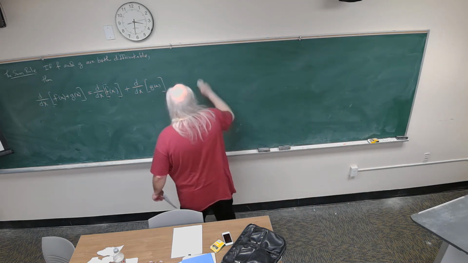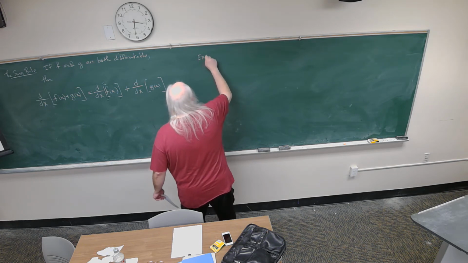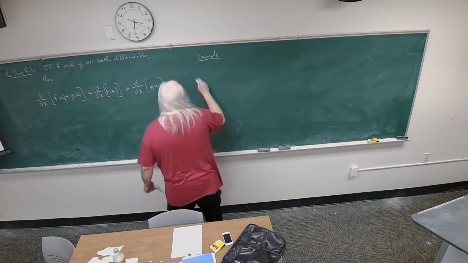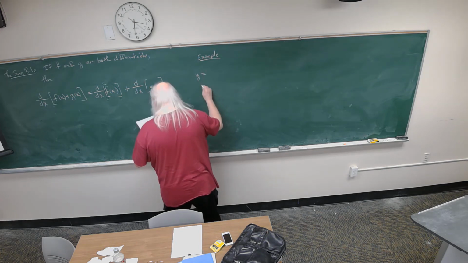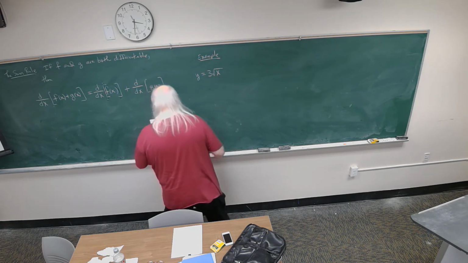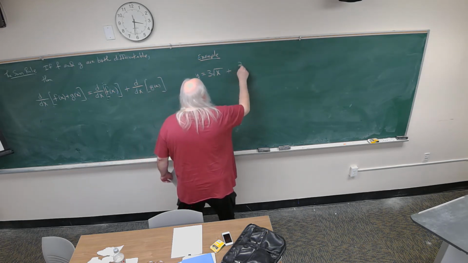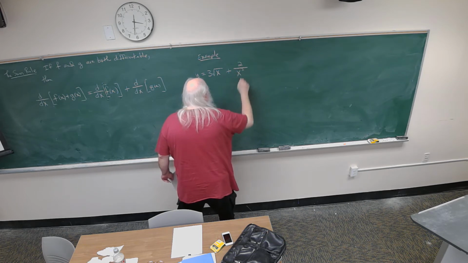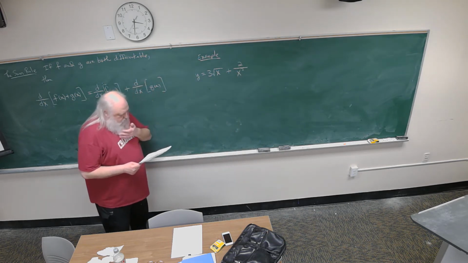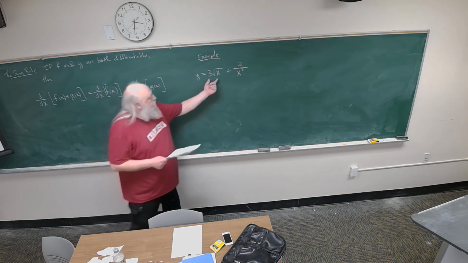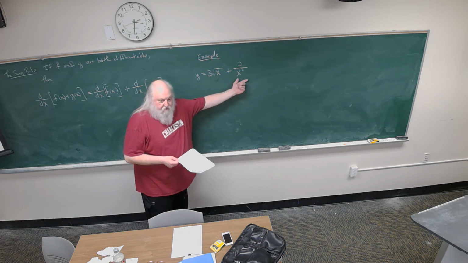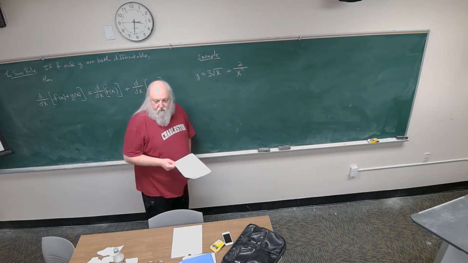So as an example, we have y is equal to 3 times the square root of x plus 2 over x cubed. So 3 times the square root of x is a function, 2 over x cubed is a function. So we have a sum of two functions.